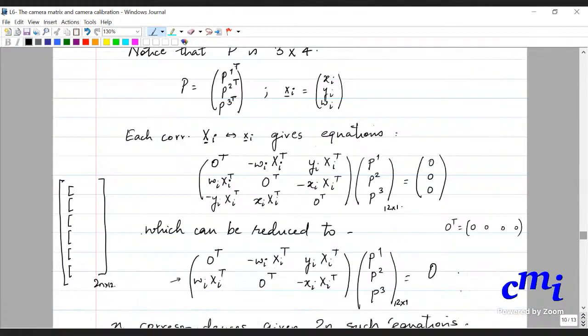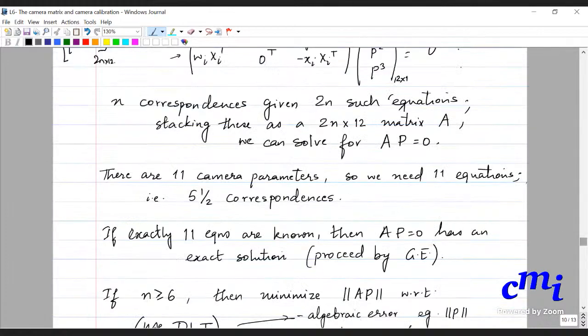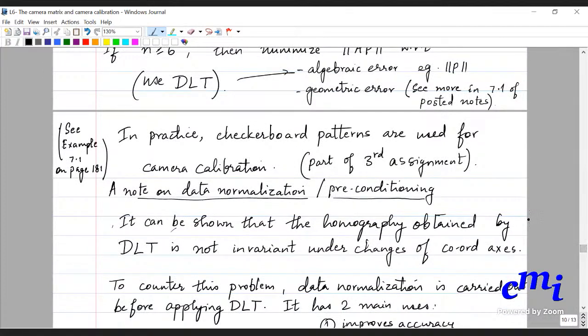Okay, but more recently, there is this Zhang's algorithm or Zhang's method, which is used most commonly, who showed that you can actually use a checkerboard pattern for camera calibration. Okay, you don't require such an elaborate calibration rig or that 3D object for calibration. You can just do it with a checkerboard pattern. So this is what we will be doing when we do the camera calibration exercise using checkerboard patterns, and we will use Zhang's method.